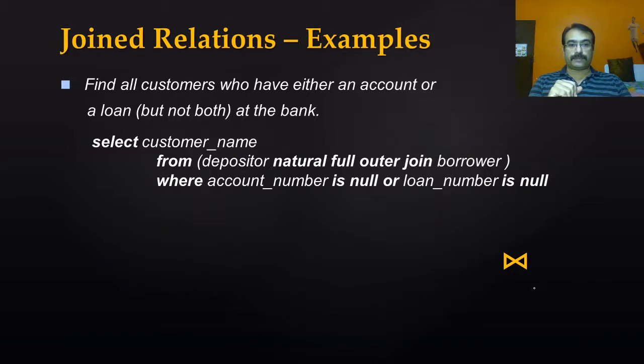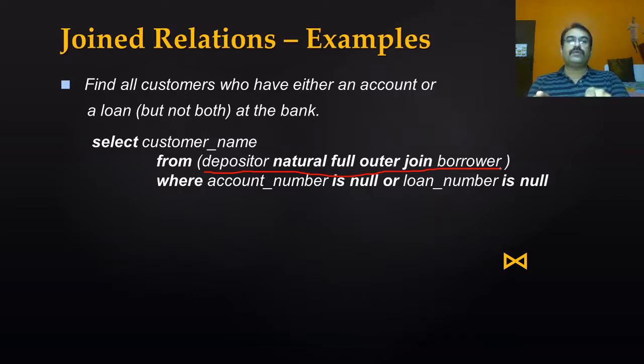Listen carefully. This will be the first function which will be taken into consideration: depositor natural full outer join borrower. It can be written in what way?